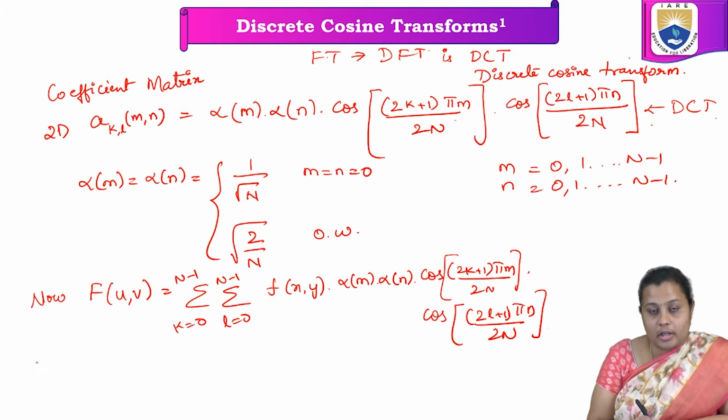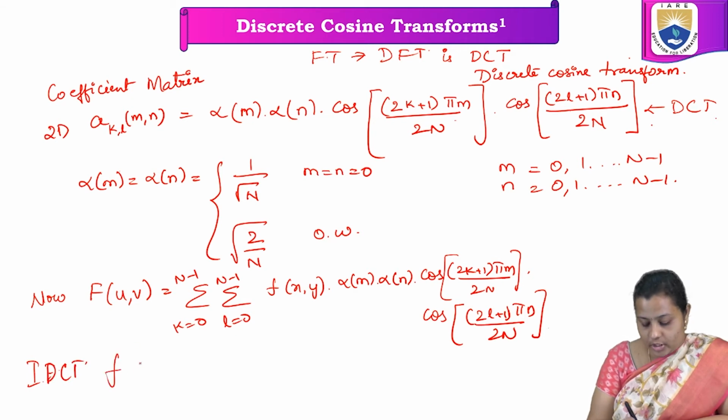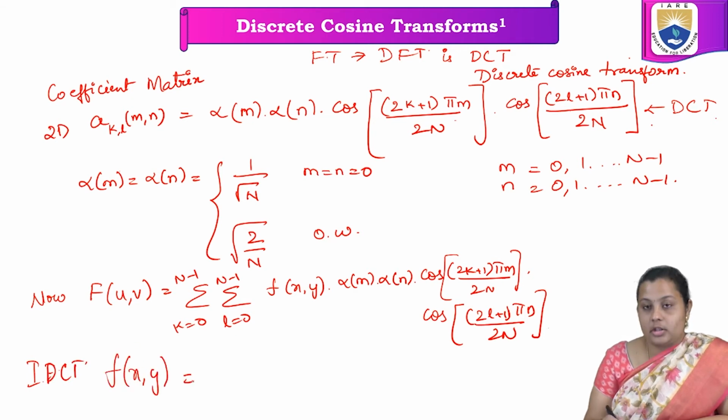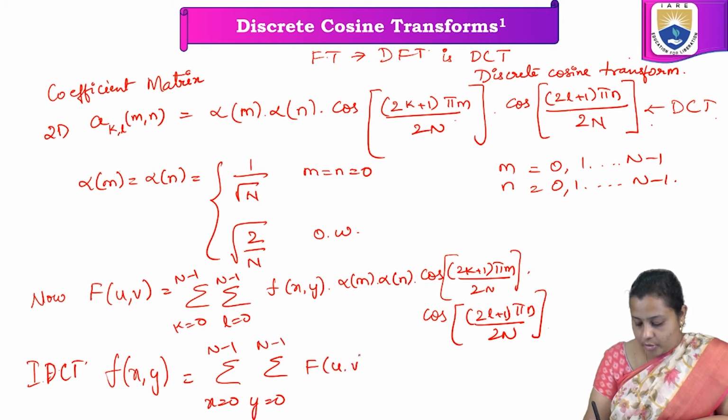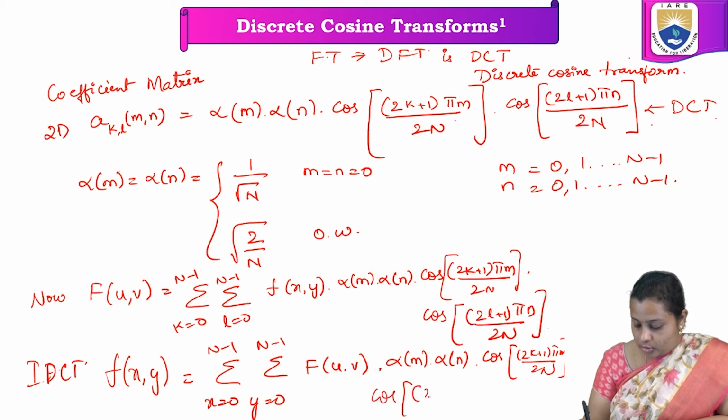If I want to calculate the inverse DCT, from where I can get back my f of x comma y, then I write it as a summation, x equal to 0 to N minus 1, y ranging from 0 to N minus 1, of F of u comma v into alpha of m into alpha of n, cos (2k plus 1) pi m by 2N, cos (2l plus 1) pi n by 2N.